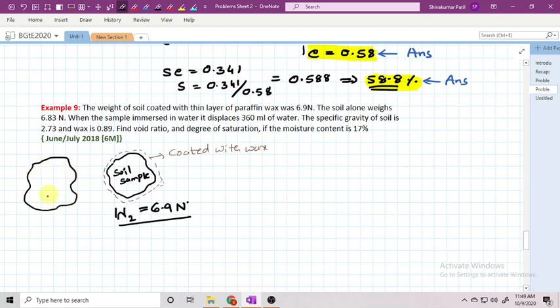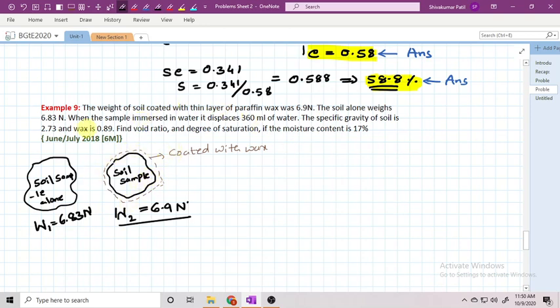Without any wax coating, I am telling, the soil sample alone, that weight W1 is equal to 6.83 Newton. So the difference will be the weight of this wax.